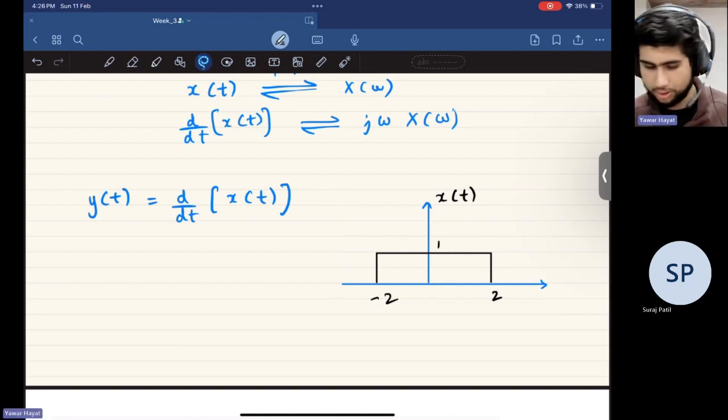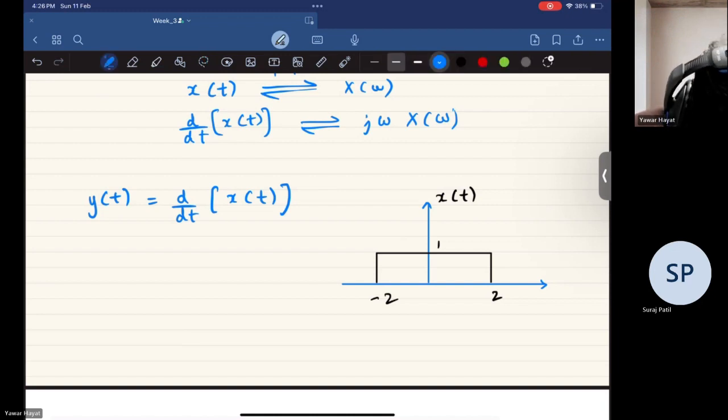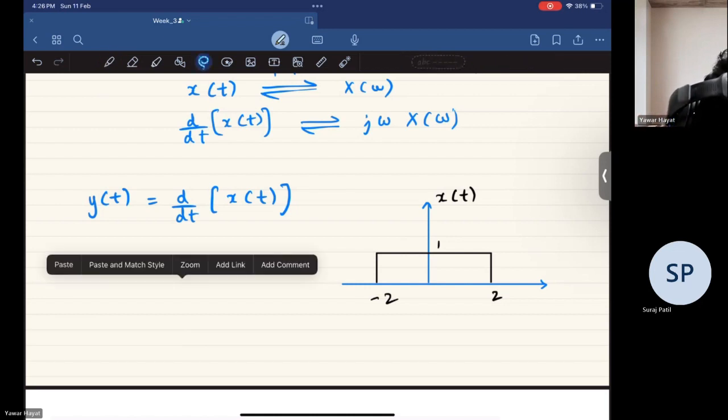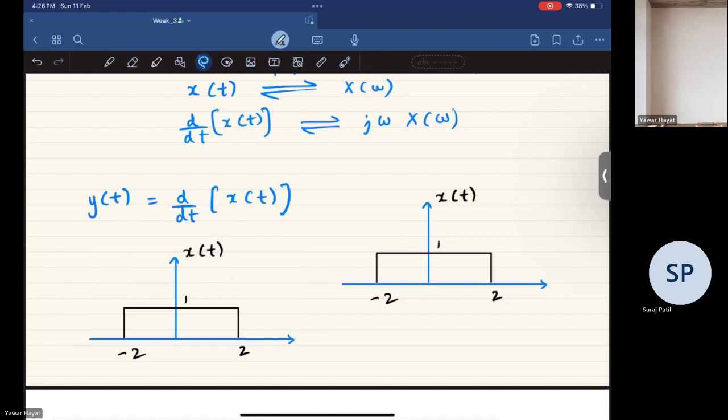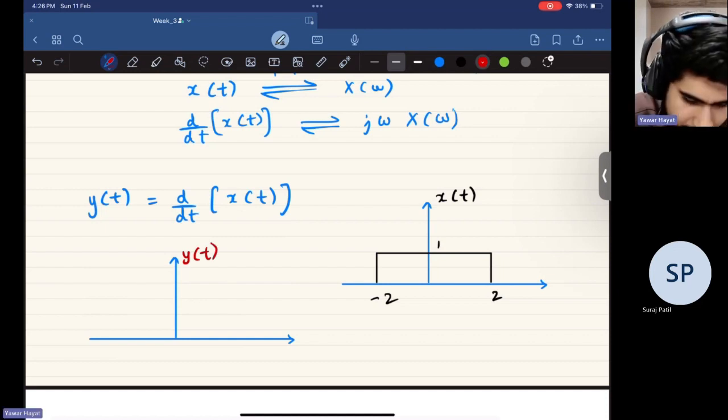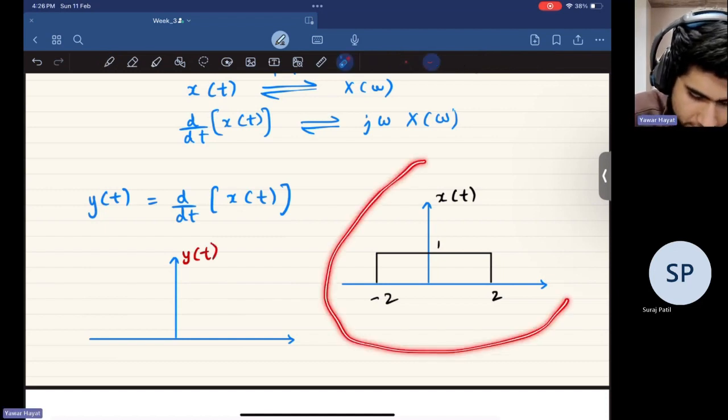What should be the plot? This is what I'm asking. Take the derivative of this plot on the right hand side.